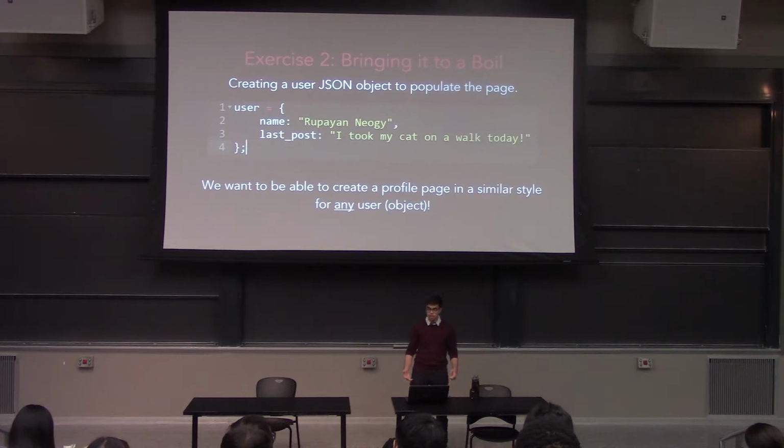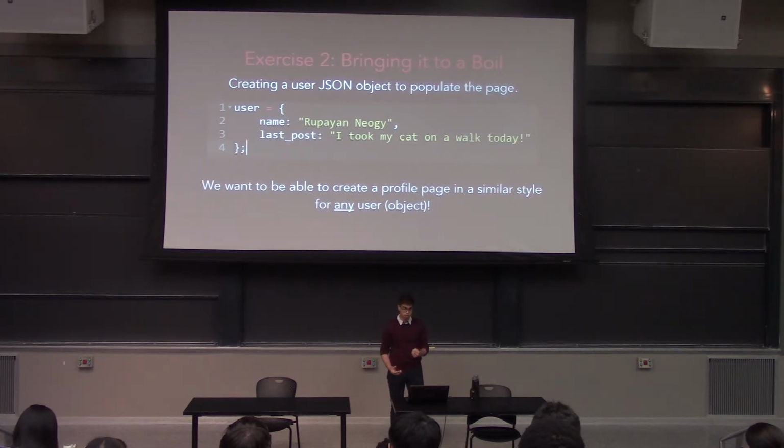The motivation behind this is that we're going to take parameters from the user object, for example name and the last post I made, to populate the profile page. Because at the end of the day, on Facebook I have a profile page, but so do you, and so do the thousands of other people on Facebook.